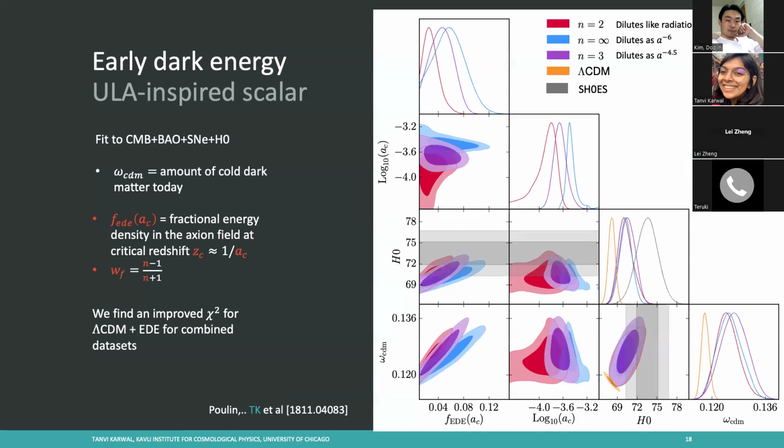When we then throw such a model at data, this is what we get. Again, there's a lot going on here, but I will specifically direct your attention to this plot of H0 versus omega CDM. You can see what the lambda CDM contour is doing here in orange, and the local Hubble measurement bands. And you can see the Hubble tension between them because they're not overlapping.